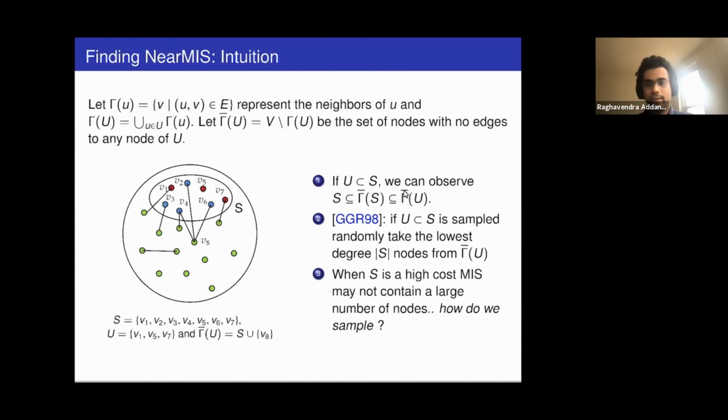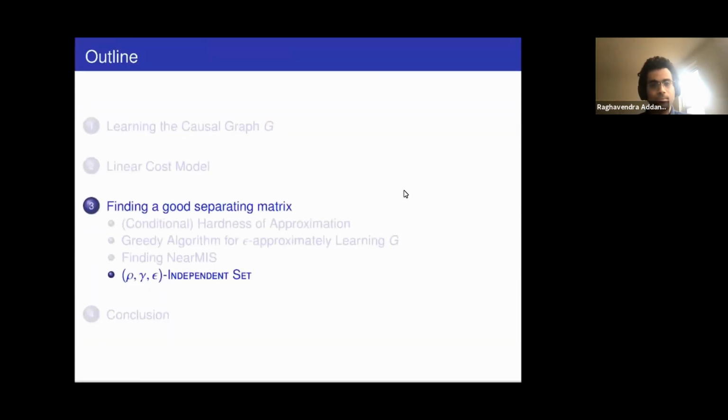So is there a way to sample it better than what this algorithm which I described does? So that brings us to this notion of a rho gamma epsilon independent set, which will be helpful.